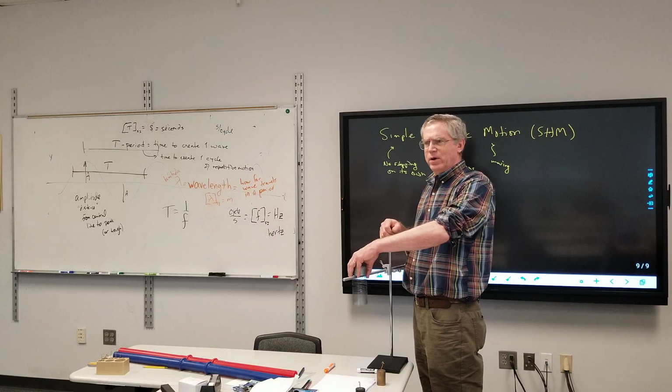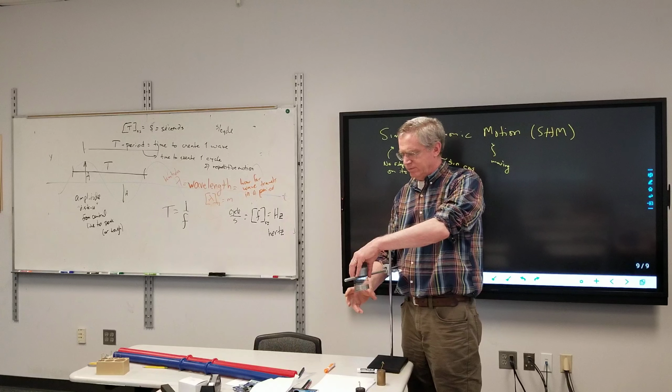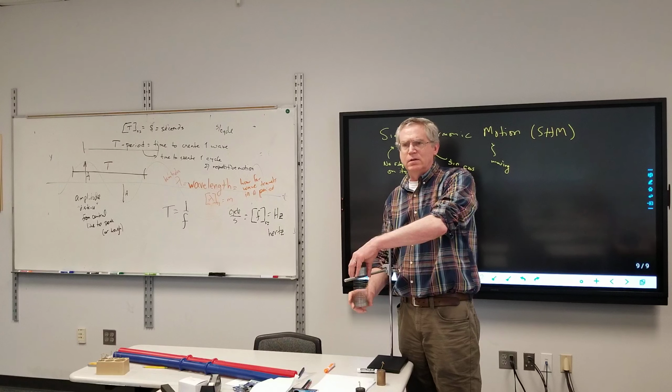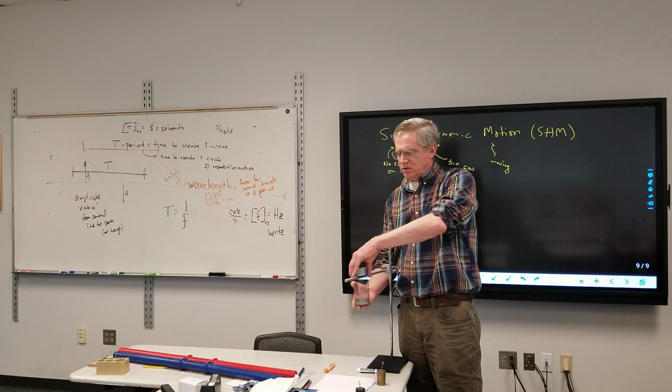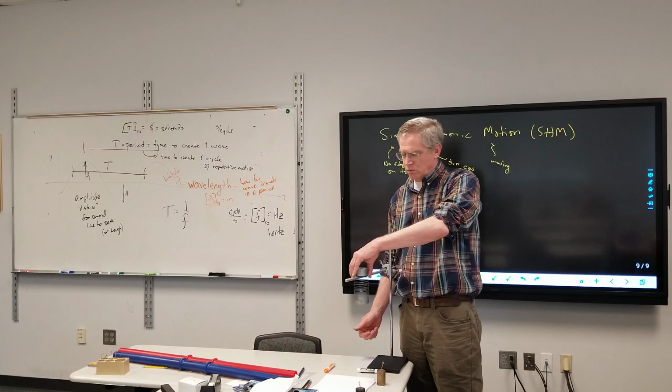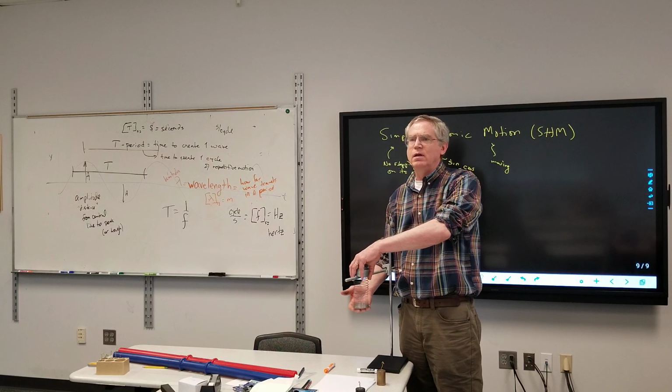If someone has a stopwatch on their phone or whatever, we just need a rough number right here. So I got a couple people. All right, I'm going to do 3, 2, 1, go. When I say go, I'm going to let go. Probably easier if I go up here. Okay, 3, 2, 1, go. 2, 3, 4, 5, 6, 8, 9, stop.